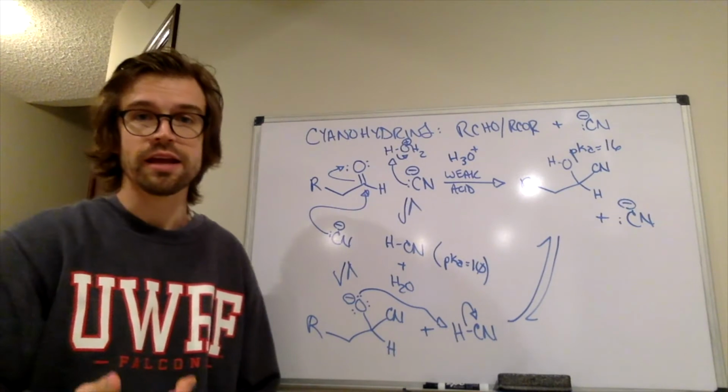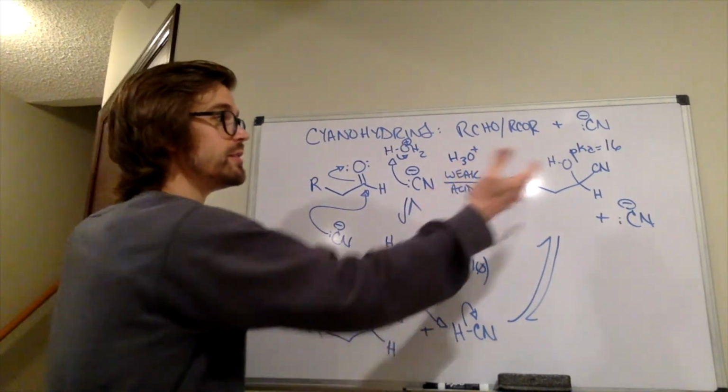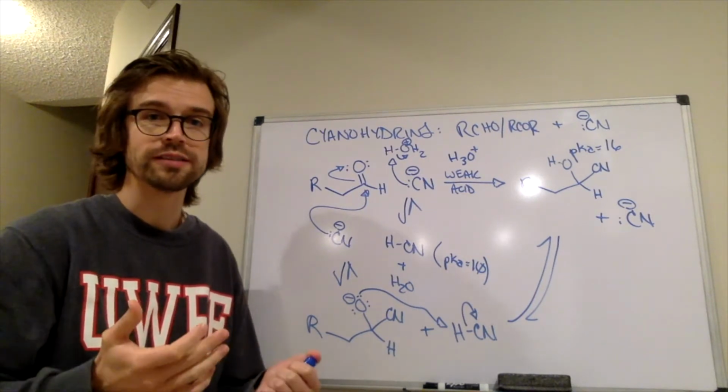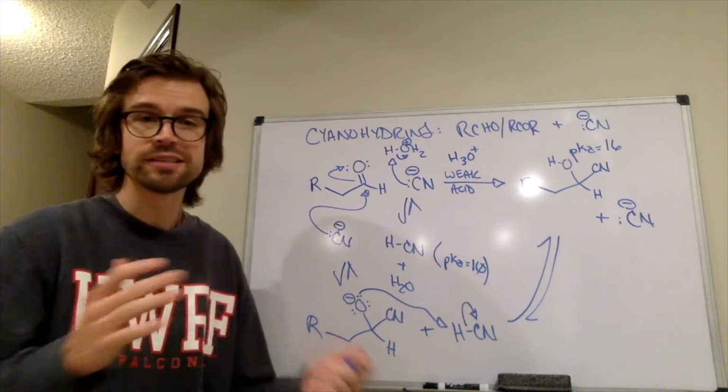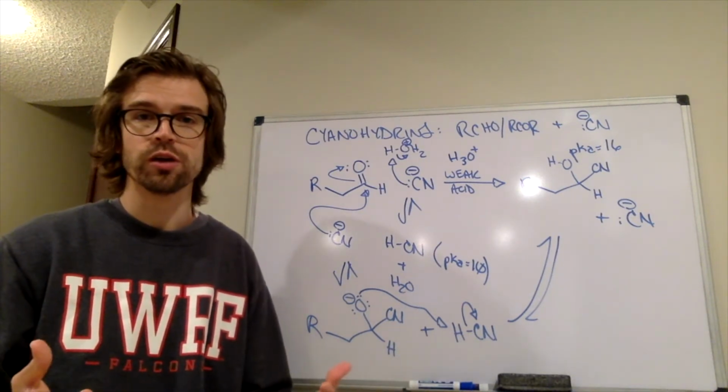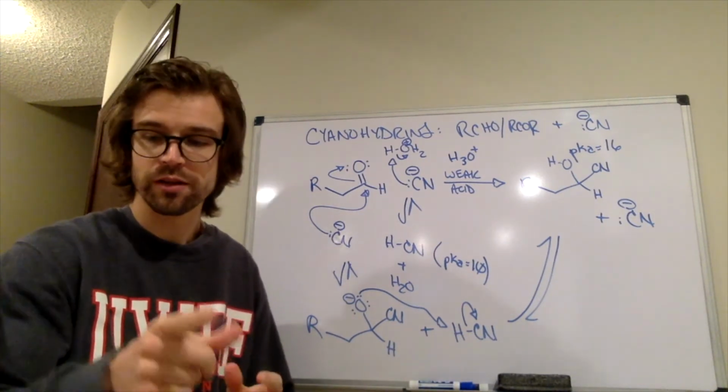Under acidic conditions, it is favorable to form that cyanohydrin. But we're going to see in a moment that things change a little bit when we add base to the reaction. So that's right now.